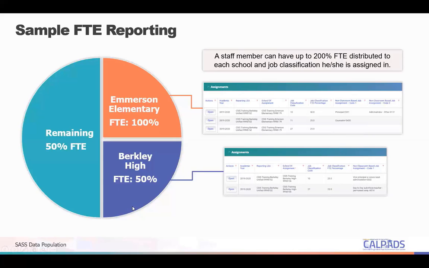All in all, this staff member has 150% FTE and can still avail of 50 more percent if he or she wishes, if he is working at a different school or working more functions based on the job classification that he is credentialed in.